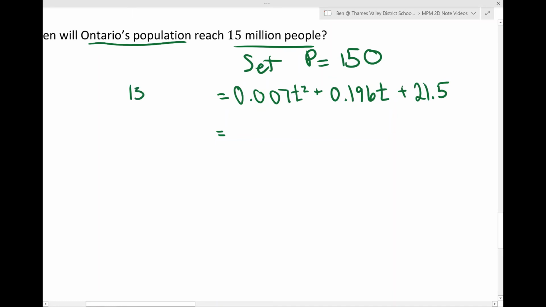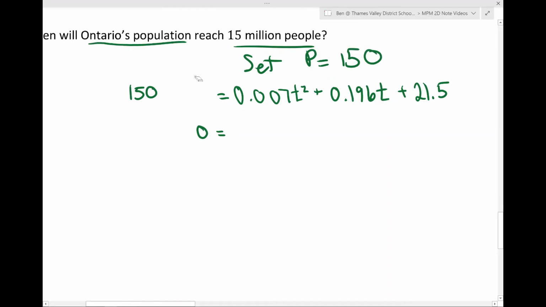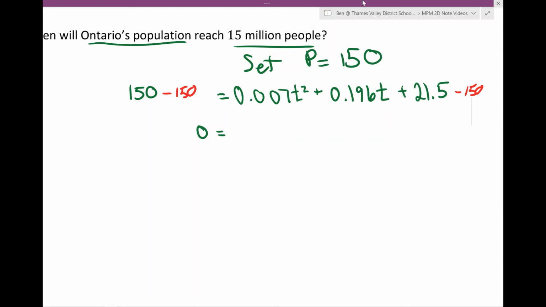So that is our left side, we're subtracting 150, leaving us with just 0. And maybe I'll write that in another color here for us. Fantastic. Our left-hand side leaves us with 0.